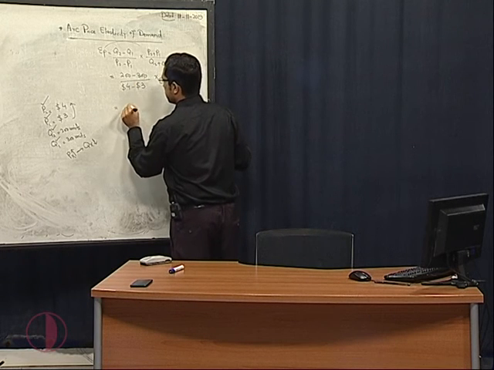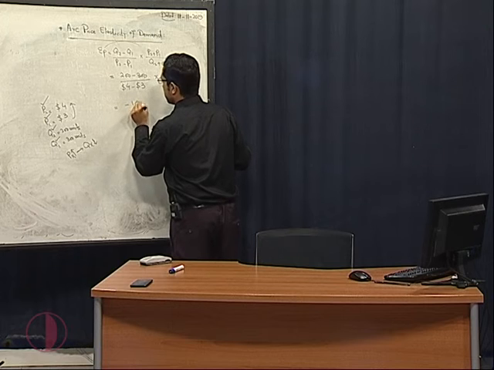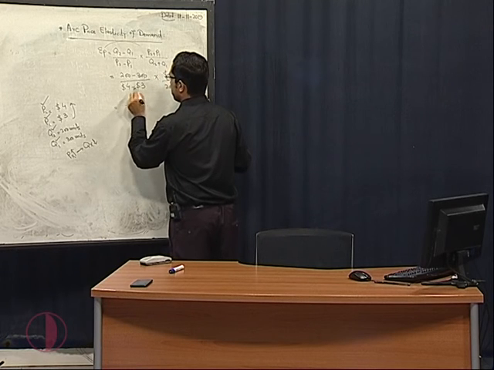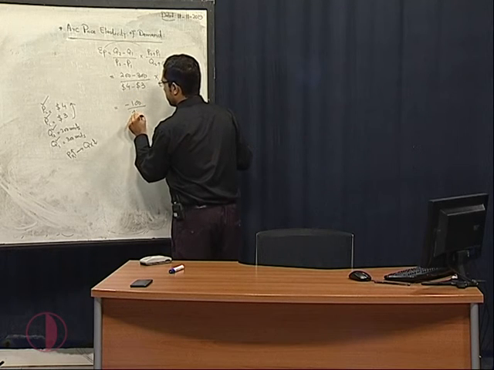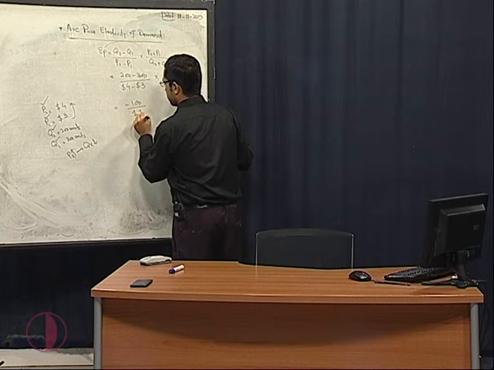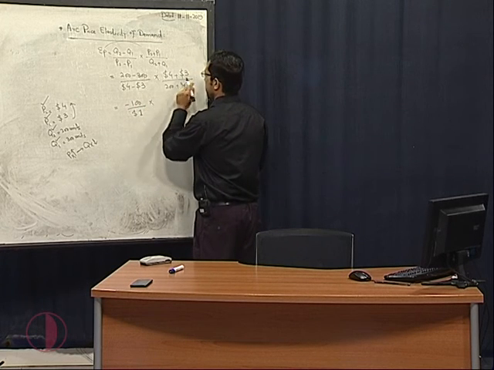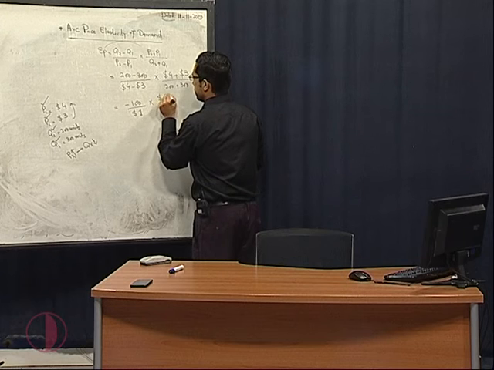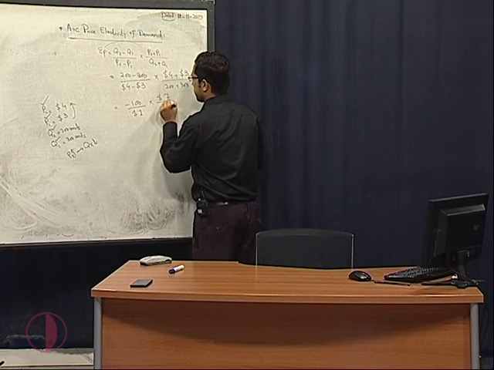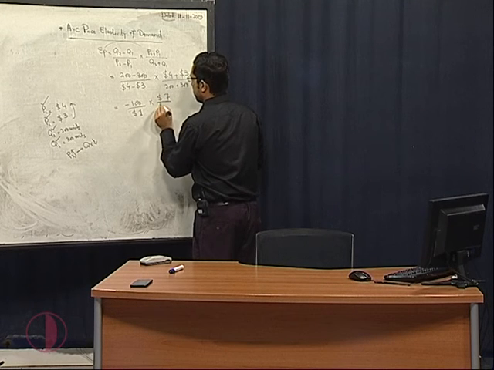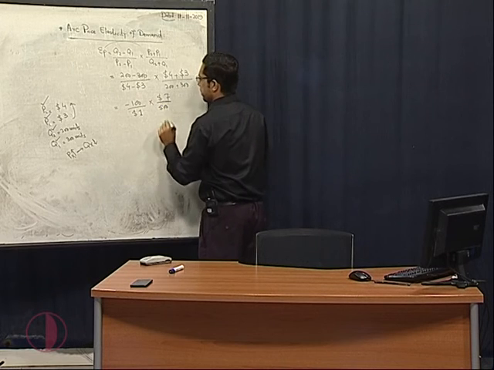So this is minus 100 divided by 4 minus 3, $1, multiplied by $7 divided by 500.